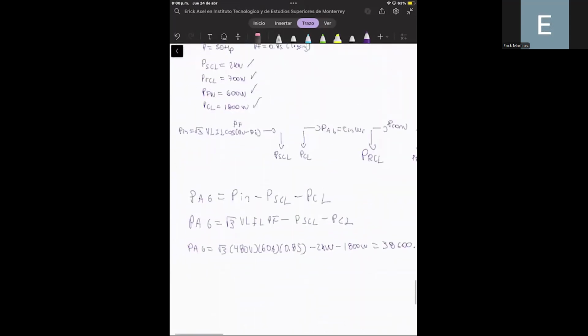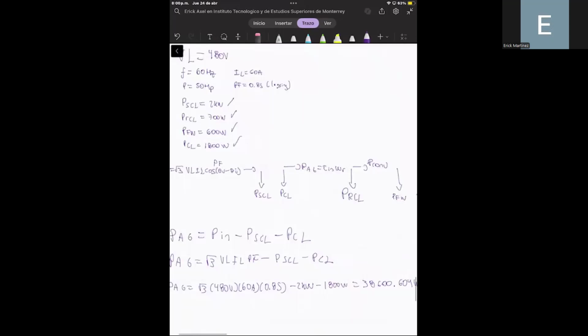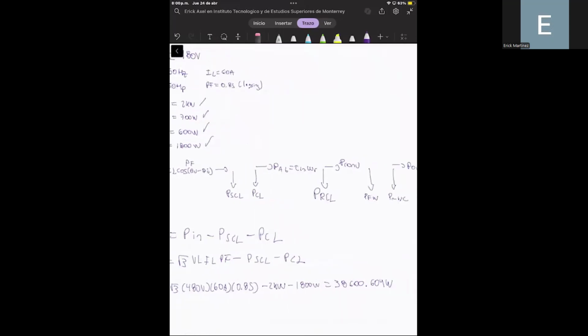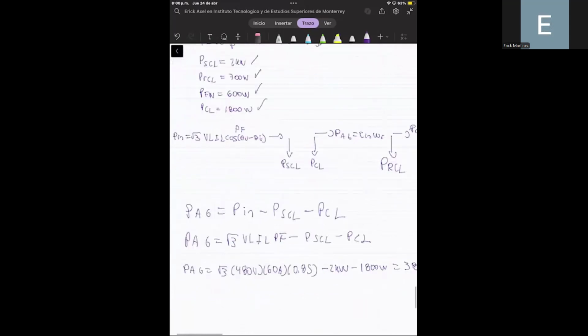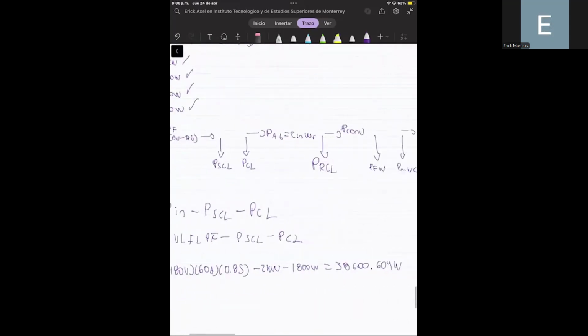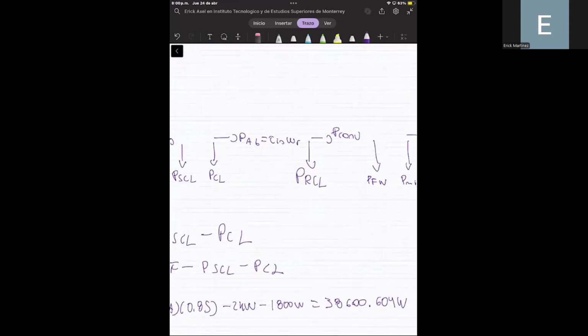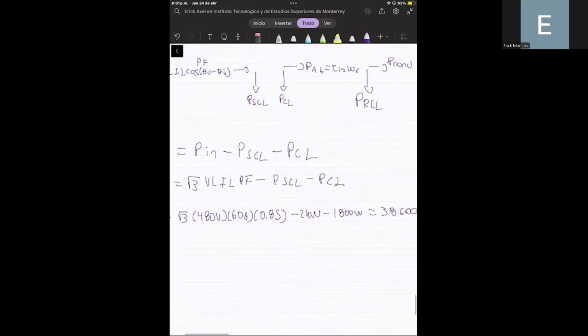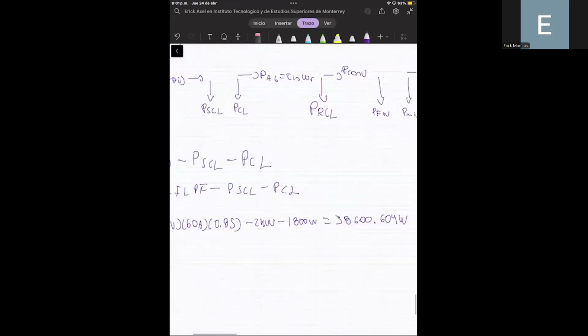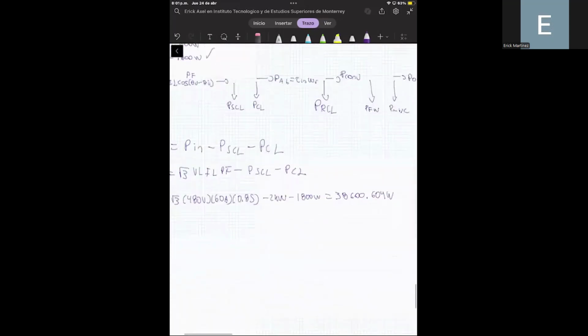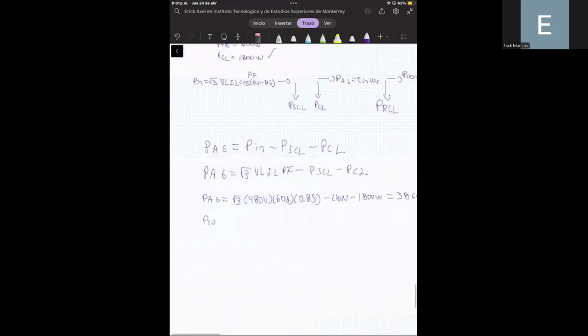And based on this data, we need to follow the power flow diagram. The second point is to compute the converted power, that is this P conv. According to this flow diagram, the converted power is equal to the air gap power minus the rotor copper losses.